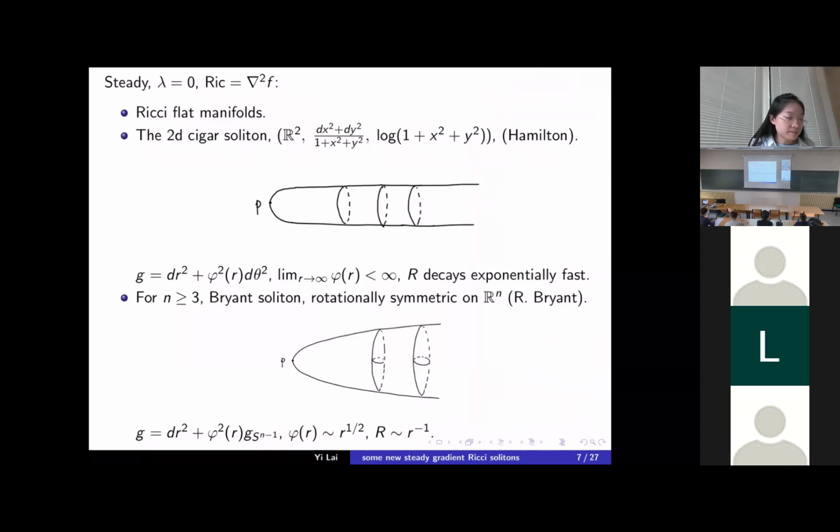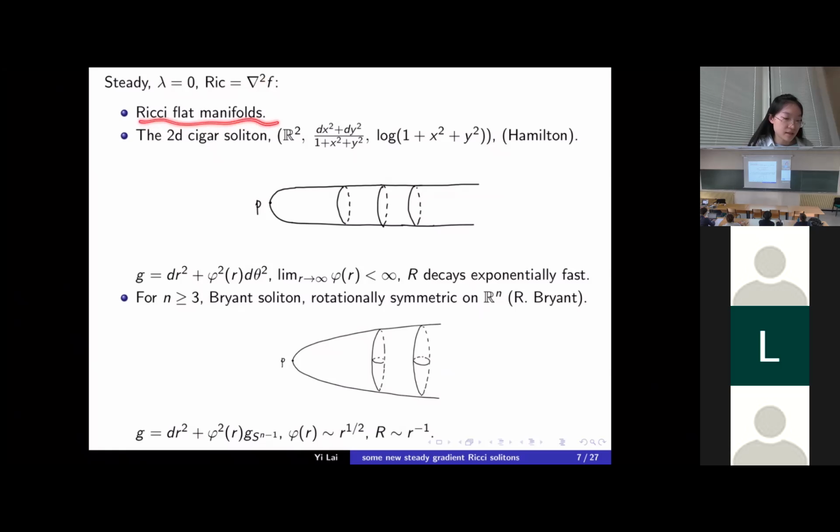And then the main focus of this talk will be about the static gradient soliton, which corresponds to lambda equals 0. And in this case, you have a very simple soliton equation: Ricci equals the Hessian of f. So when this potential function f is just a constant, then you have all the Ricci flat manifolds.